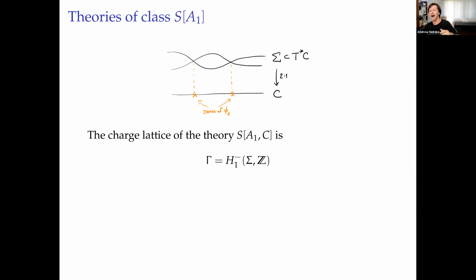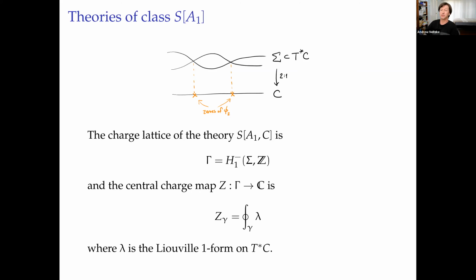Except more exactly, we take the odd part. This double cover has a Z2 involution, just exchanging the sheets, and we only look at the cycles that are odd under that involution. In all the examples of cycles that we'll draw, we'll automatically have that property. So roughly speaking, it's just the first homology of the curve. We're studying a family of curves and their first homology, their H1.